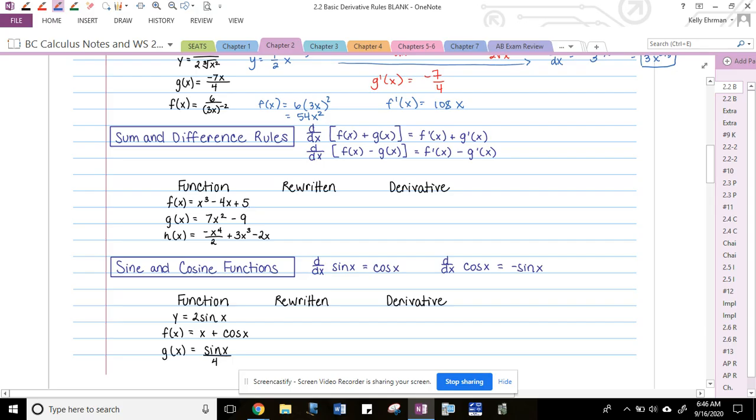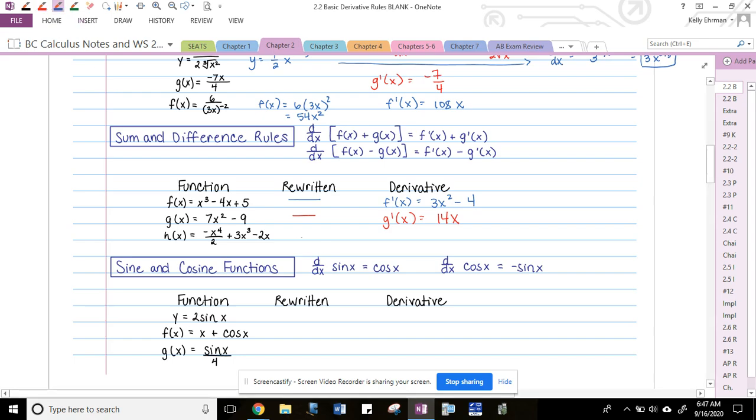So there's nothing for me to rewrite in f of x. F prime of x is equal to 3x squared minus 4. Derivative of 5 is 0, so that goes away. Nothing to rewrite for g of x. G prime of x is equal to 14x. The 9 goes away.